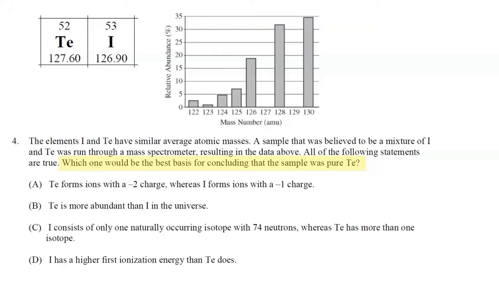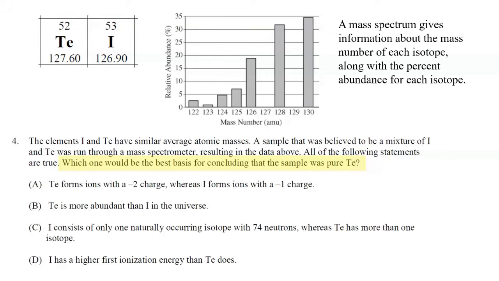So we're looking for a statement that would indicate that this particular mass spectrum is not a mixture of tellurium and iodine, but just tellurium only, pure tellurium. Now, a mass spectrum does give us information about the mass number of each isotope along the x-axis and the percent abundance for each isotope along the y-axis.